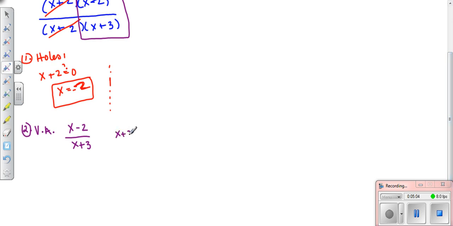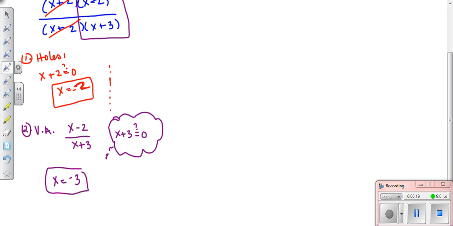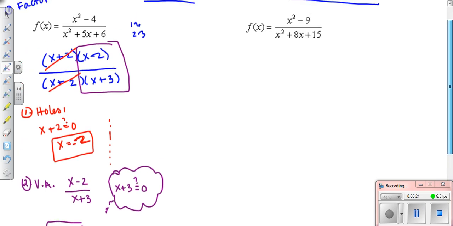So where would x plus 3 equal 0? That's our little thought bubble. And that happens where x equals negative 3. So at the vertical line of x equals negative 3, there is an asymptote.